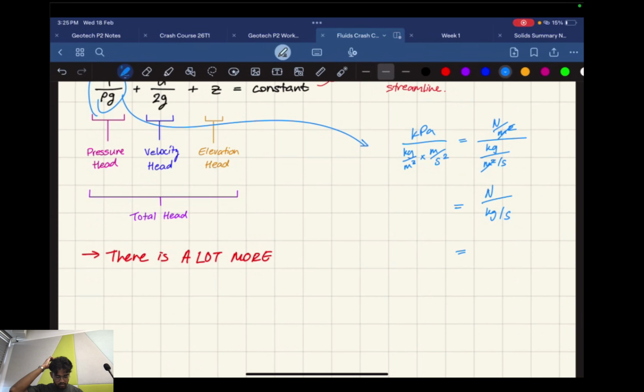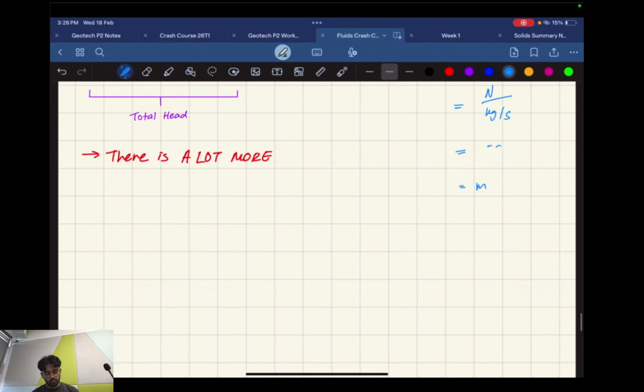It becomes meters. So the units for head is given by meters. Head is a way to convert energy into a distance. The theory behind it you don't really need to know.